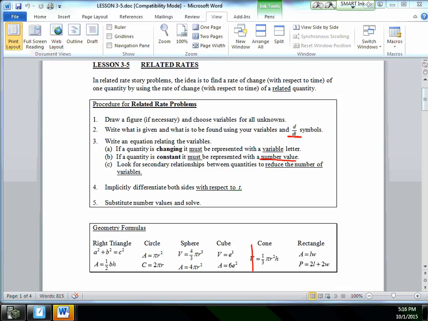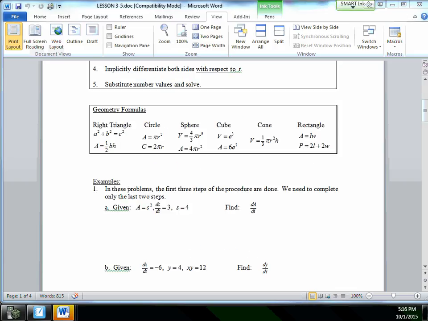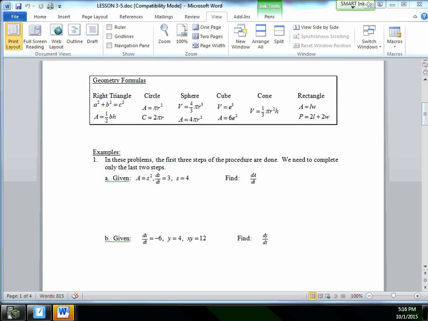So we're just going to practice basic, no story problems involved, how to differentiate area problems with respect to time. So we want to take the derivative of area equals side squared. So if we take the derivative of A, and if you notice over here it says find dA/dt.